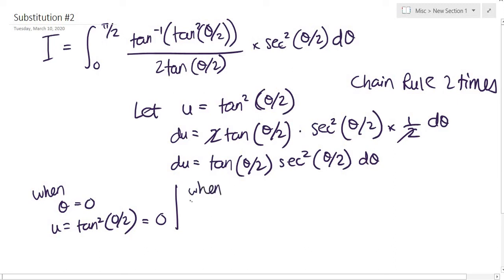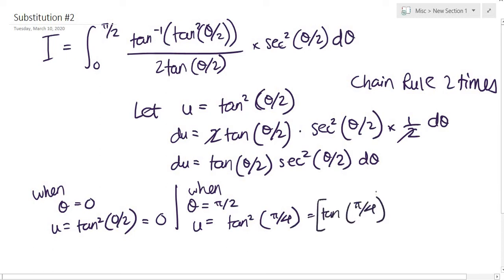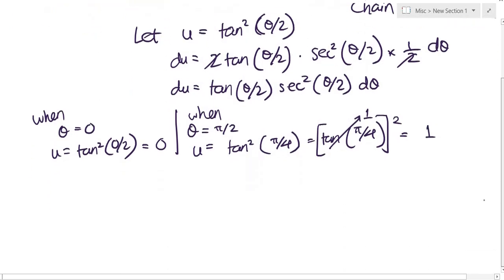And when theta is equal to pi over 2, we have u being equal to tan squared of pi over 2 divided by 2, which is pi over 4, and the tan of pi over 4, the whole thing squared, that's what a tan squared is, right? So tan of pi over 4 is 1, squared is 1. So we have our upper and lower bounds also.